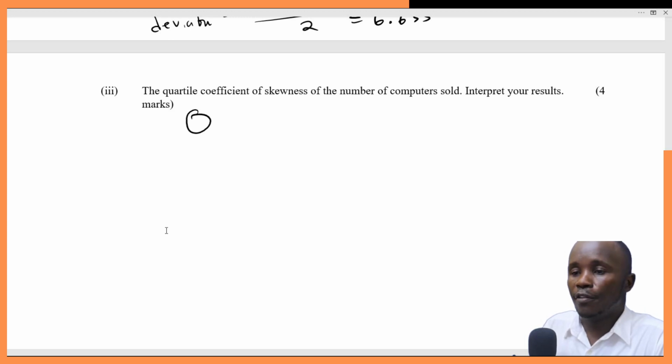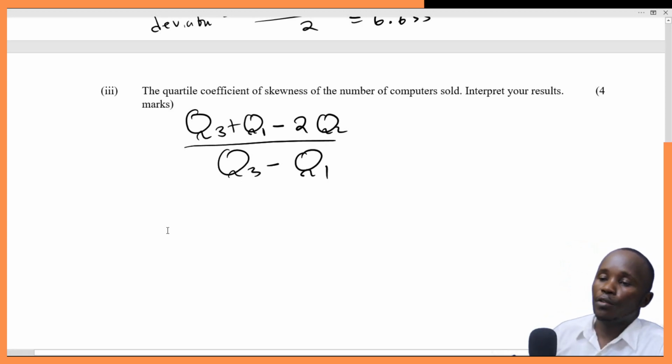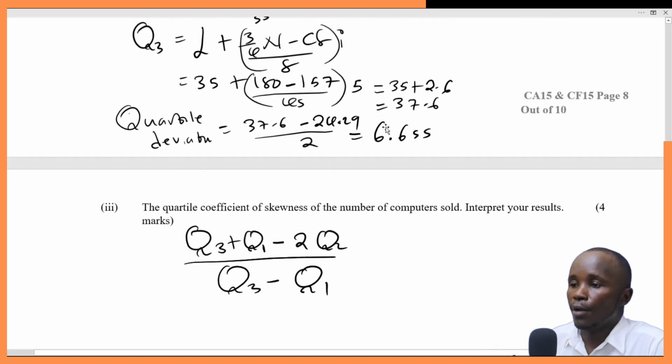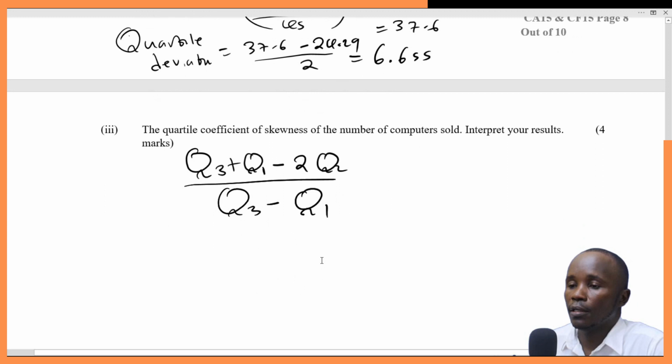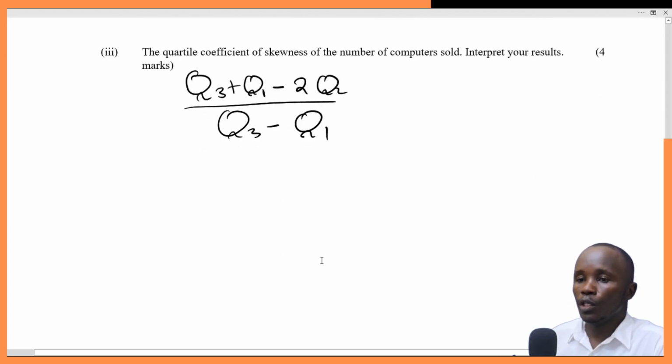The formula for the quartile coefficient of skewness is Q3 plus Q1, minus 2Q2, divided by Q3 minus Q1. What are we missing here? We have already calculated Q3 and Q1. We are missing Q2. So I will come and find Q2.